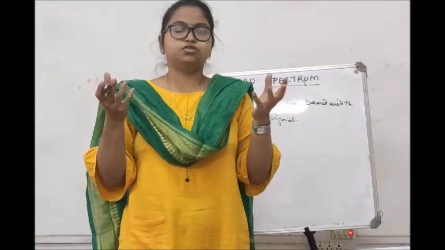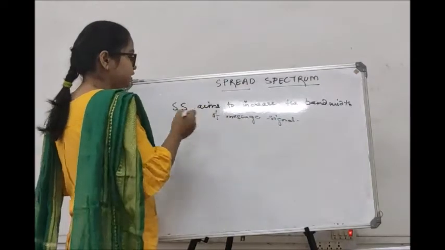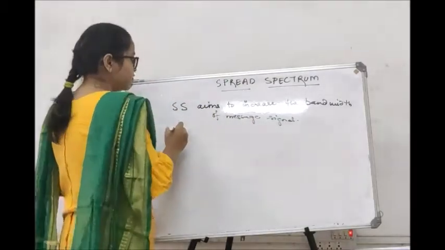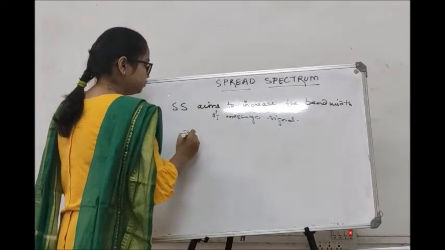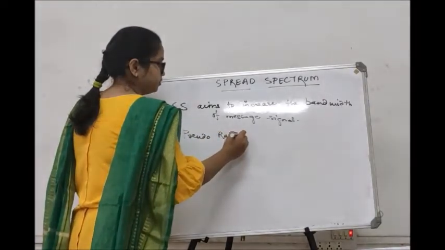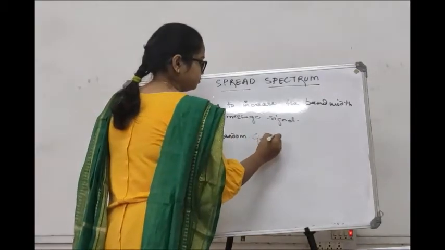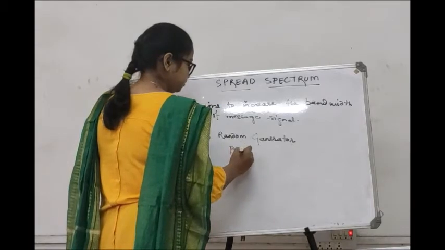Okay, so how is it done? Through a different code, or we can say a different signal, that is a random signal. We call it a pseudo random generator, PRG.